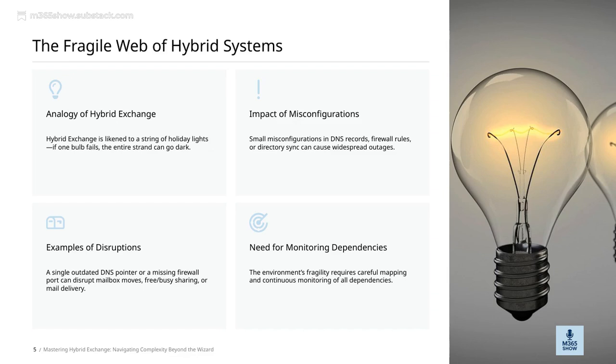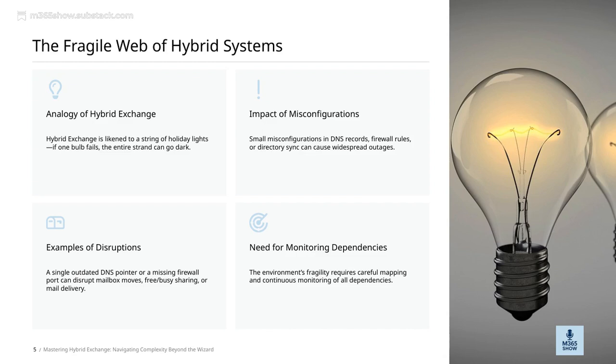Managing hybrid exchange environments is like walking a tightrope. It's all about mastering the complexity while avoiding potential pitfalls. One of the key ideas here is that the environment's fragility demands careful mapping and continuous monitoring of all dependencies. Why is this so important? Well, even a small mistake, like an outdated DNS pointer or a missing firewall port, can cause significant disruptions.